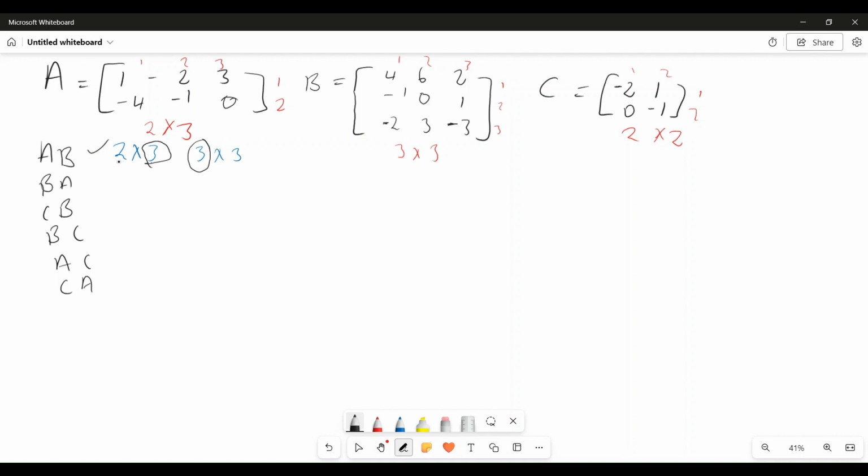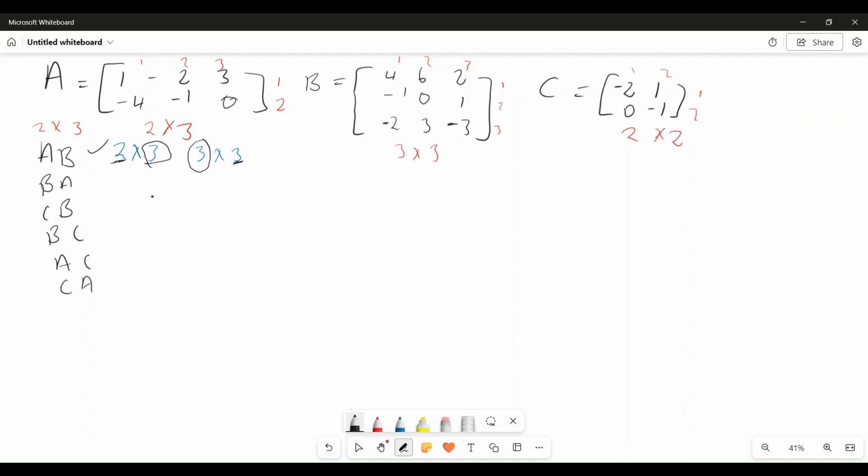Okay, and the two numbers that remain there, 2 and 3, they give us the order of matrix AB. So basically, we know that the order of matrix AB is going to be a 2 by 3. Okay, before you even compute the matrix, you already know the order. So if we go wrong while we are busy with the calculation, then we will see this order not appearing. Okay, and we'll be like, let's go back and recheck.